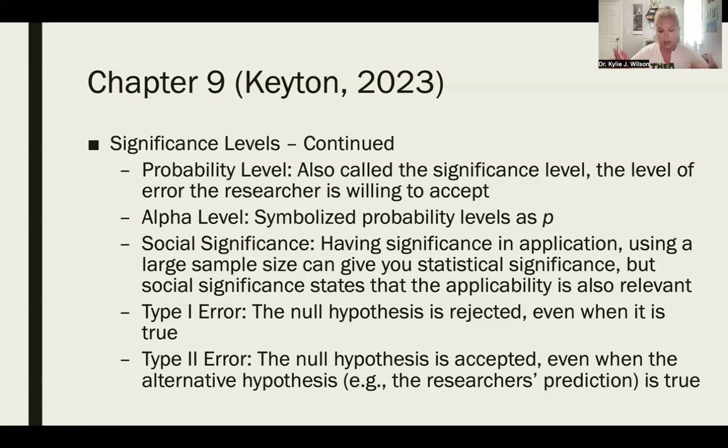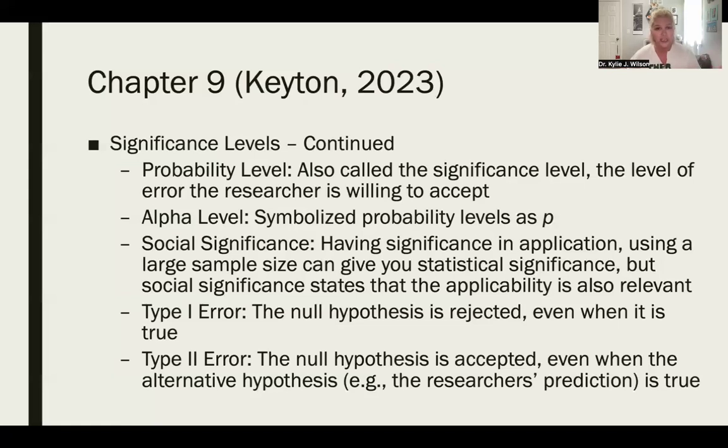So if I predict that Taylor Swift fans are more satisfied now because of Travis Kelce than when she was with any of her ex-boyfriends, the null is just going to say there's not going to be a difference in satisfaction between Taylor and Travis versus Taylor and Joe Jonas, or wait, was it Joe?